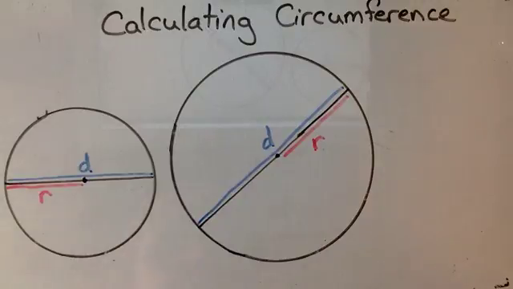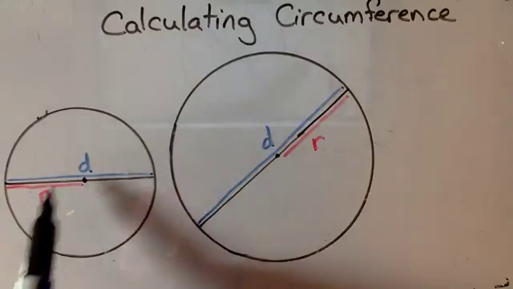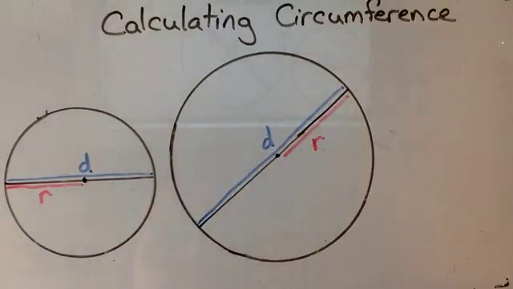So mathematicians a long time ago looked at this, and they figured out a relationship, where you could multiply these numbers by a constant number.